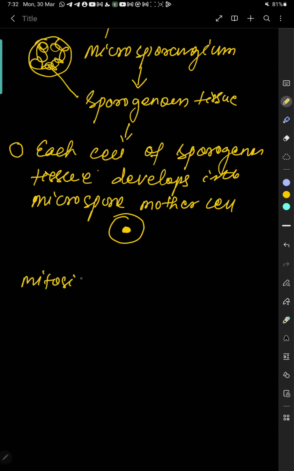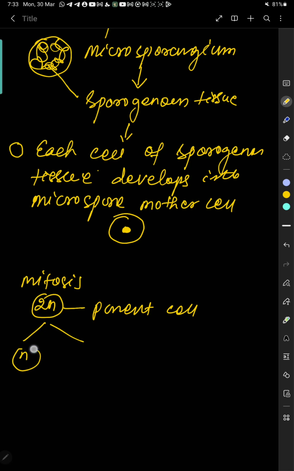In mitosis, if the parent cell is 2n, then it divides into two daughter cells which also have 2n chromosomes.